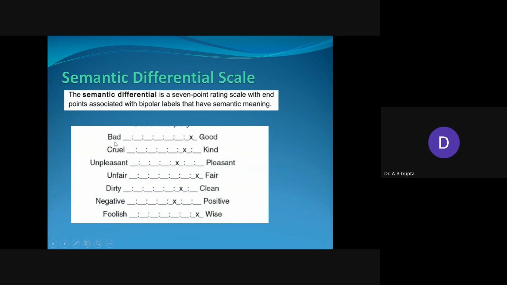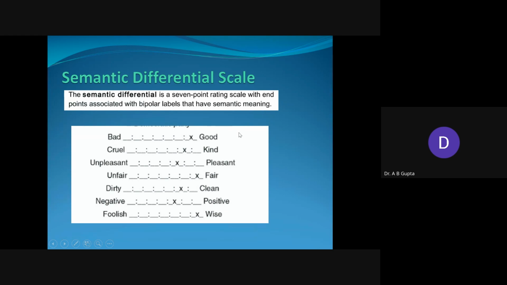So I want to know whether that person is bad or good, cruel or kind, unfair or fair, foolish or wise, dirty or clean. So you want to check the personality of the person, and you can use this semantic differential.